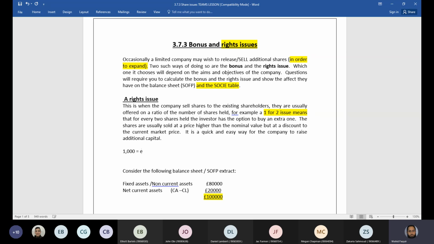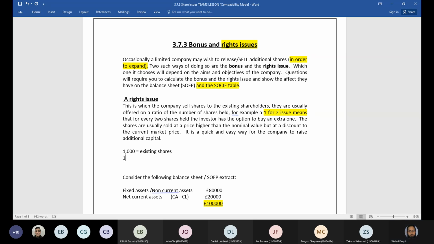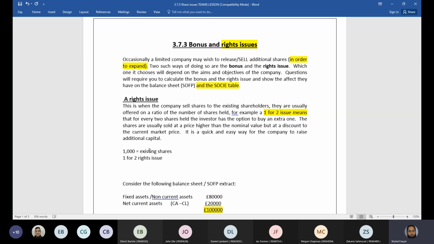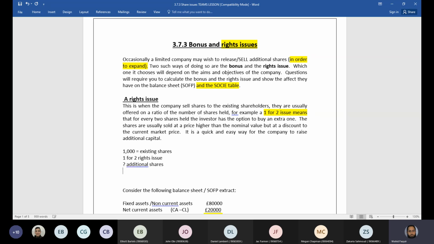So that 1,000 is existing shares. 1 for 2 is the rights issue. We are asking now, how many additional shares and how many in total after the issue?